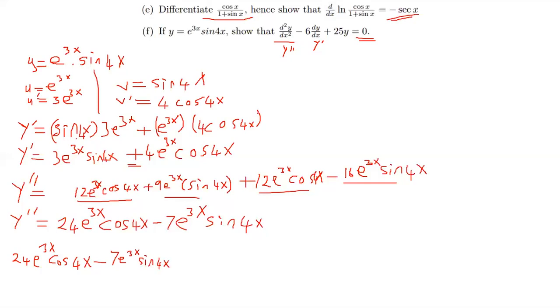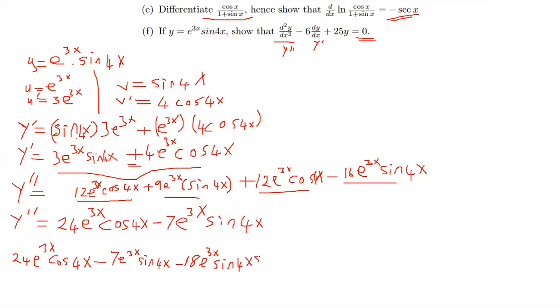And then we say minus, you multiply 6 times dy dx, which is this part. So I'm going to be multiplying all these expressions here by 6. Negative 6 times 3, I'm getting negative 18e to the power 3x sine 4x. And then negative 6 times 4, you get a negative 24.